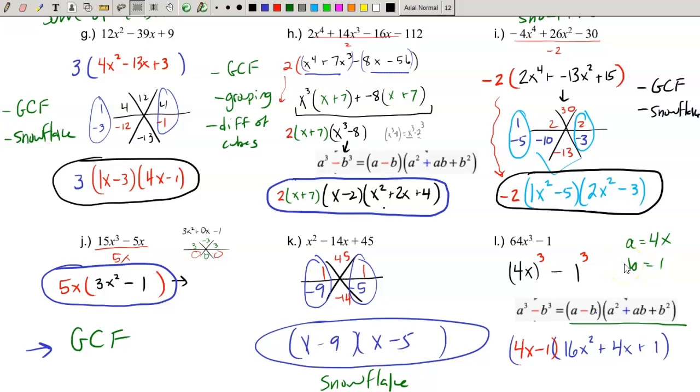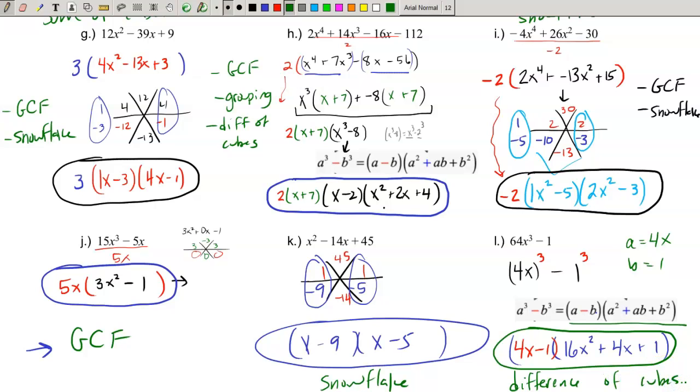But if you tried snowflake and tested it out, you're going to realize that there's nothing there that's going to work. You can go ahead and try that, but that's as far as you can go in that problem. The only strategy that we used here is the difference of cubes.